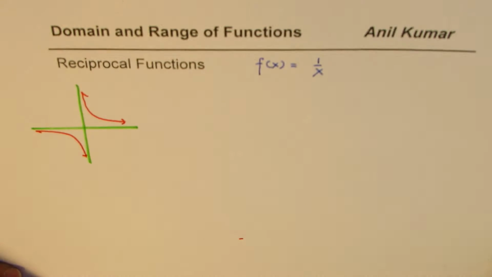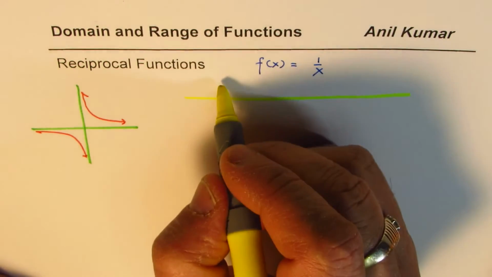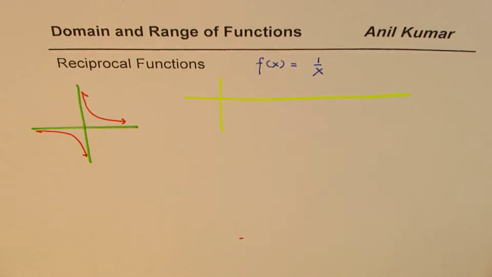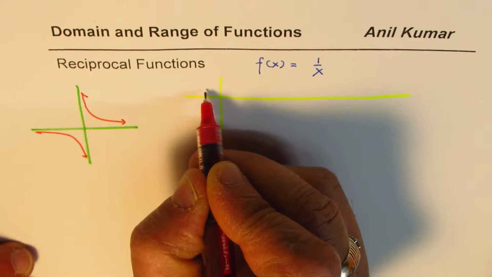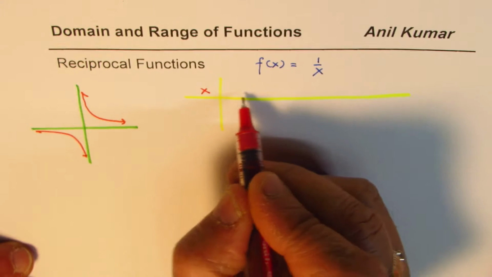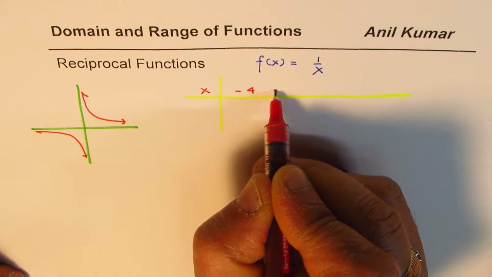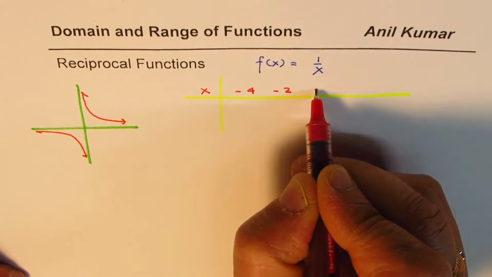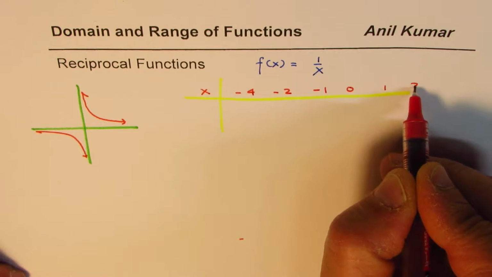You could actually make a table of values to sketch this function. So let me make a small table of values to start with. Good values of x to be taken will be, let us say, minus 4, minus 2, minus 1, 0, 1, 2, and 4.